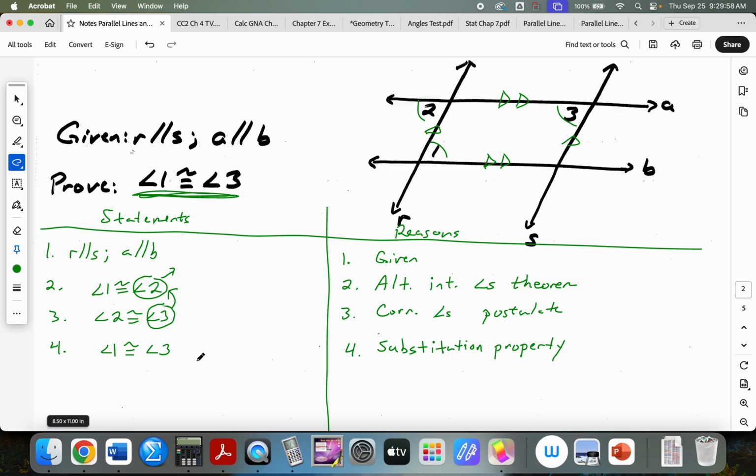If you want to be technical about it, you can do this by using something that's called the transitive property of congruence.